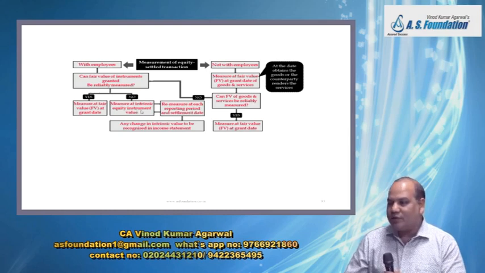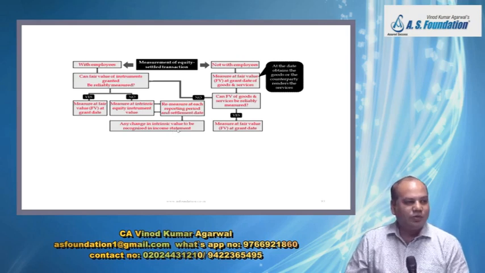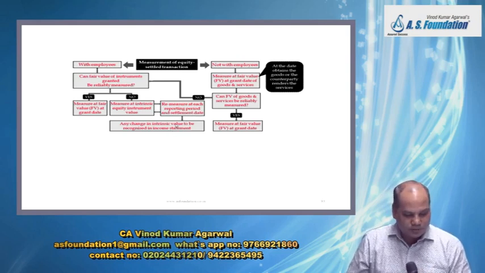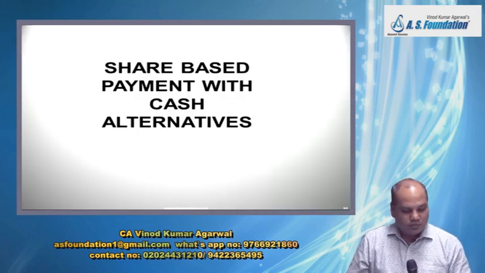And if it is intrinsic value, remeasure at each reporting date and transfer the change in intrinsic value to the income statement. Is this diagram understandable? The same thing which was printed above in 6 points is presented in this diagram. Now one more complication.